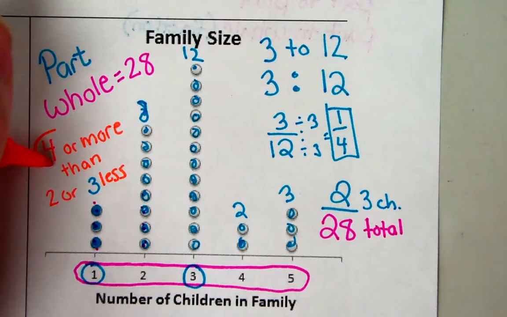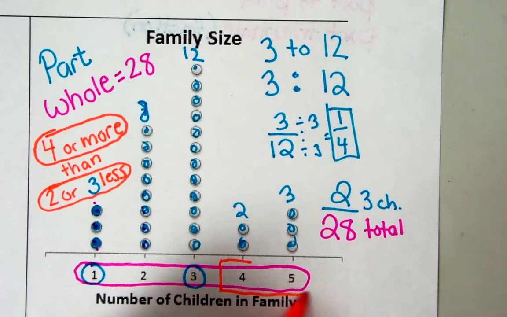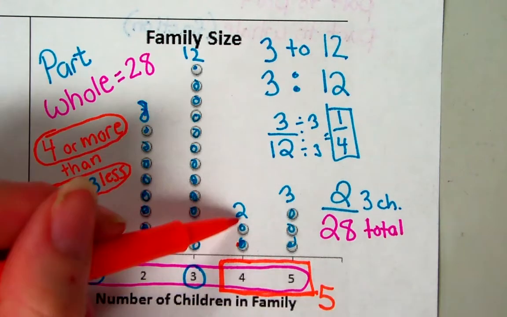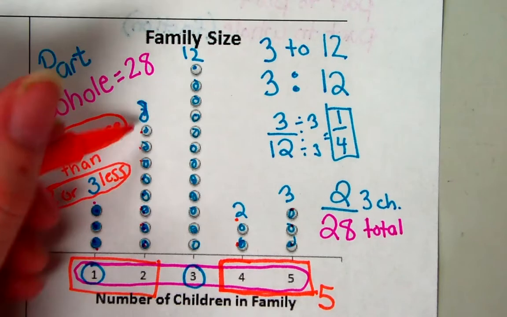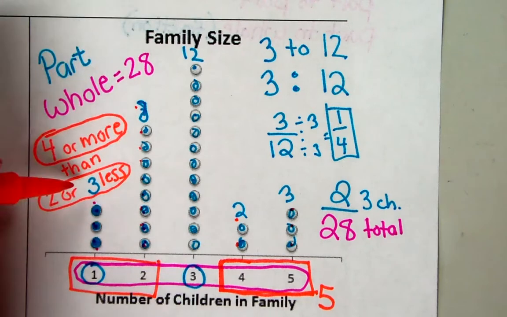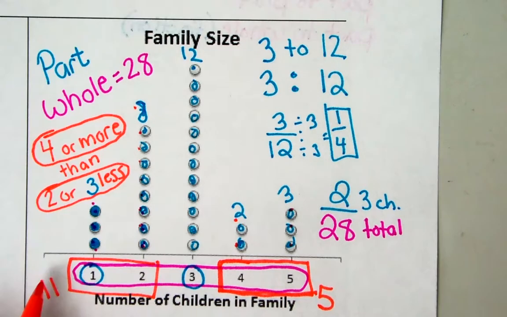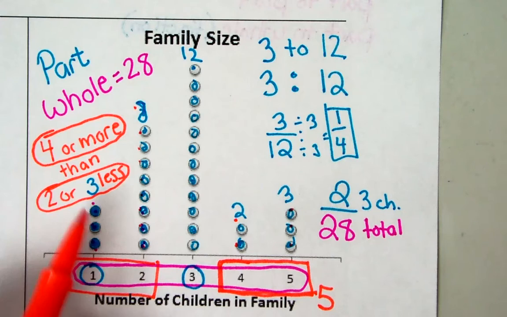The other way we can ask, and I'm going to do this in orange so you can see it, is how many more families have 4 or more children than families that have 2 or less children. Here you're comparing 4 or more to 2 or less. 4 or more would include anything in these sections, so it includes 4.